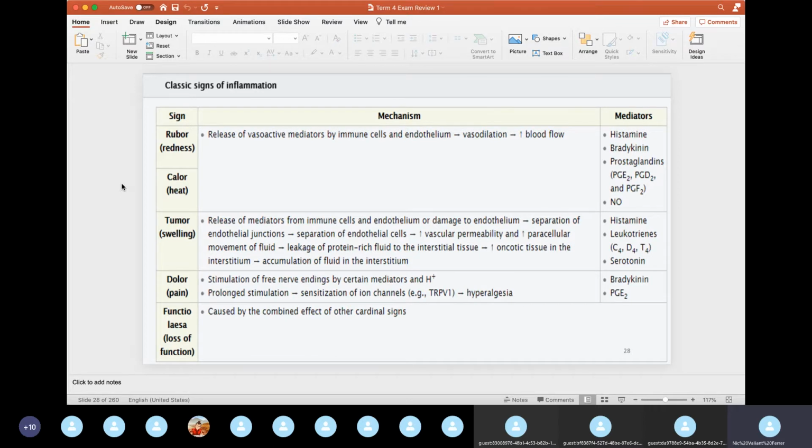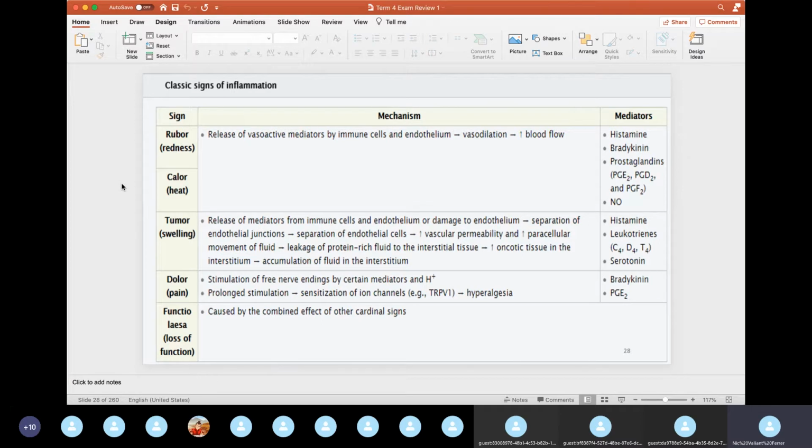Let's summarize. Know the sign, mechanism, and mediators of each. Redness and warmth. Why? Vasodilation, which increases blood flow. Important mediators, histamine, prostaglandin, bradykinin. Swelling, you have from tissue damage.